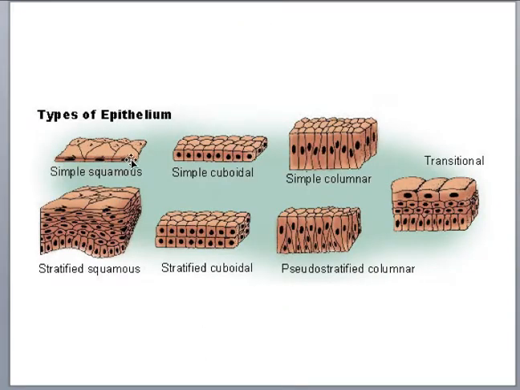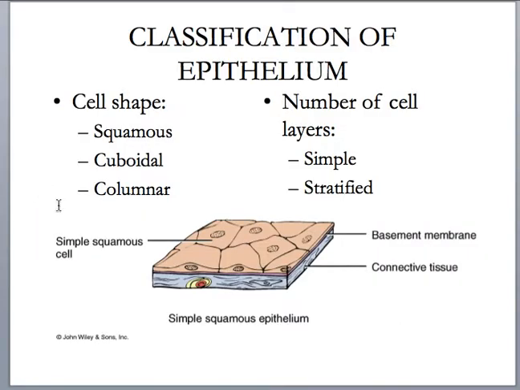So squamous is flattened, irregularly shaped cells. So very flattened, or squamous means squished, right? So squished cells, if you look, this is an example of simple squamous epithelium. Flattened, irregularly shaped cells, and the nuclei will be somewhat oval or elongated, okay, in the cells.